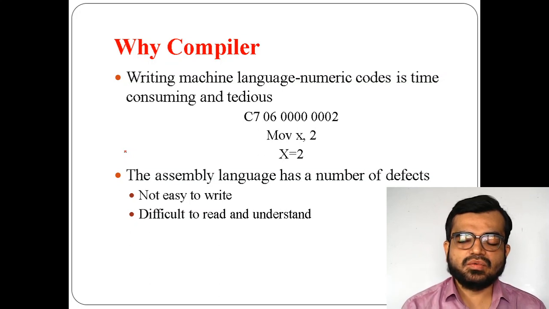Why? Because this is a machine understandable form, and it is very difficult for a user to write code in that language. If you are writing a simple program, then it's okay, but with complex code, it is very difficult for us.